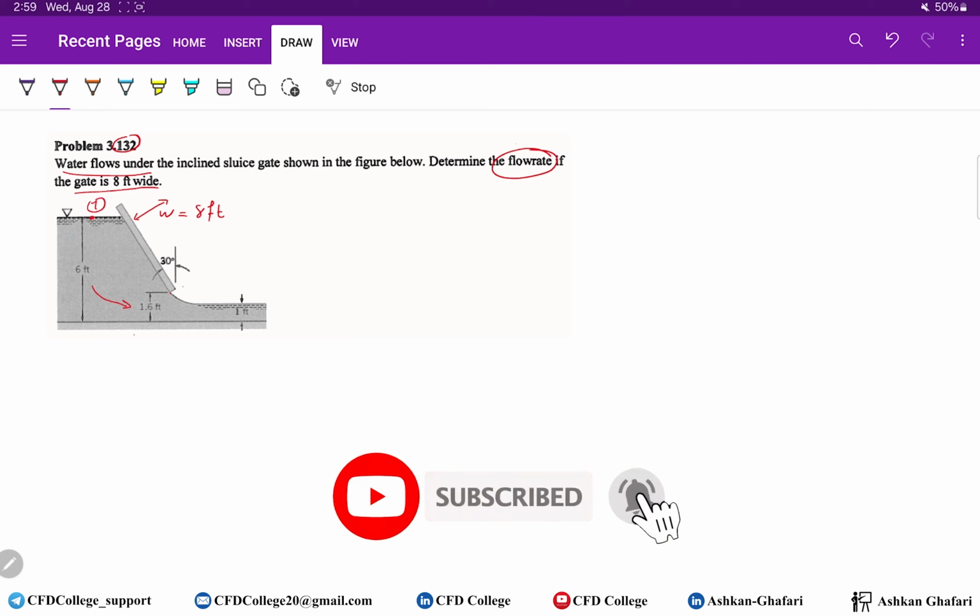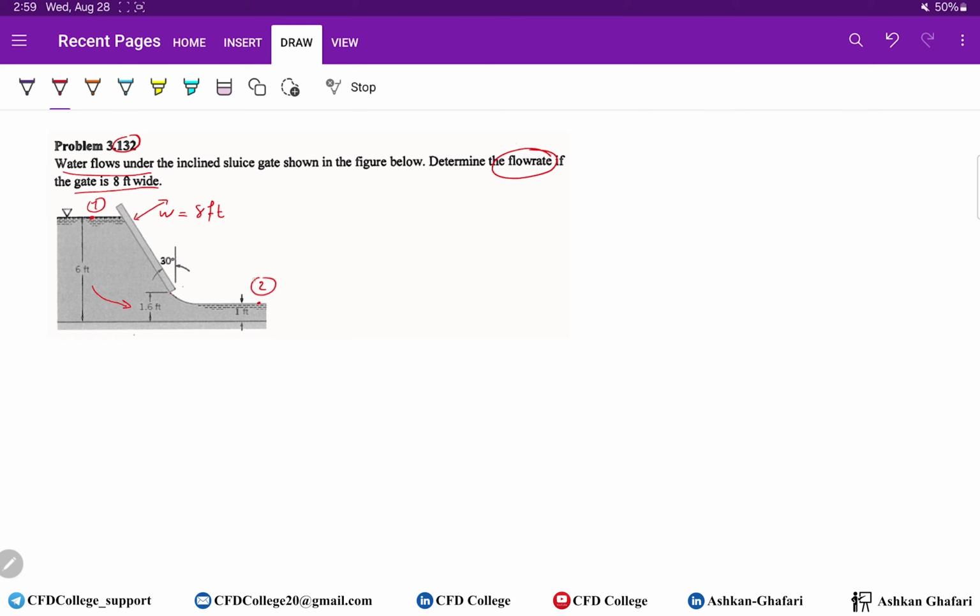So this is the first point, and here we have another free surface, the second point at the exit. So we know our key points. Now we can write down the Bernoulli equation, P1 over gamma plus V1 square over 2g plus Z1 equals P2 over gamma plus V2 square over 2g plus Z2.